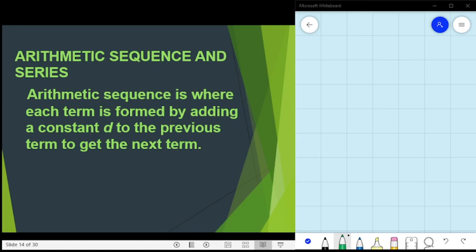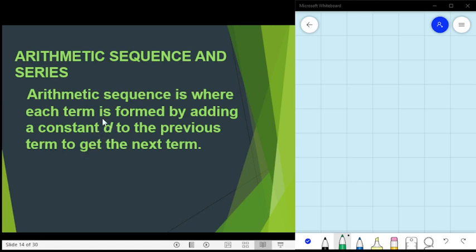So from one term to the next term, there is a constant difference. You identify that it is arithmetic if from the first term to the second, there is a constant difference, and from the second to the third. When you subtract them, the differences are the same.